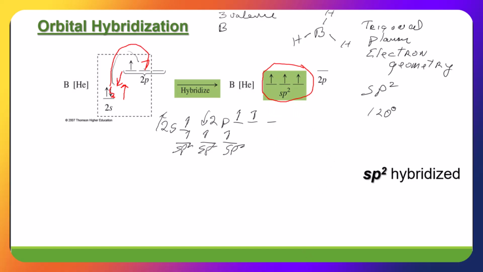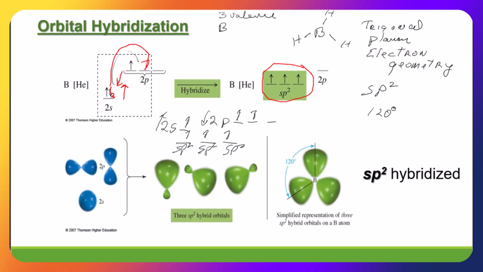Let's see if I've got a picture here. There they are. We've mixed 2s and 2 2p orbitals to come up with 3 absolutely equivalent sp2 hybridized orbitals, and boron loves to make 3 identical bonds. So if you have 3 electron domains, you have sp2 hybridized bonds.